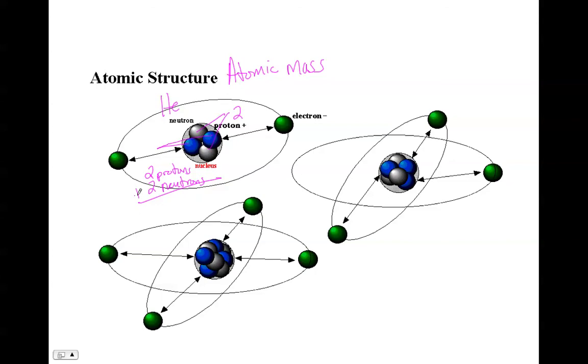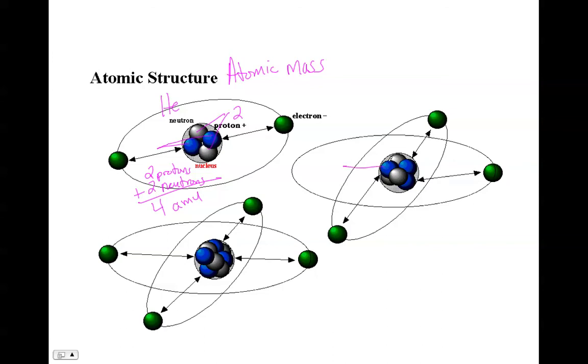We add them up. The atomic mass is 4. Each proton has a mass of 1 atomic mass unit, 1 AMU. So we call the atomic mass of a helium atom 4 AMU, 4 atomic mass units, because protons and neutrons each have a mass of 1 AMU.